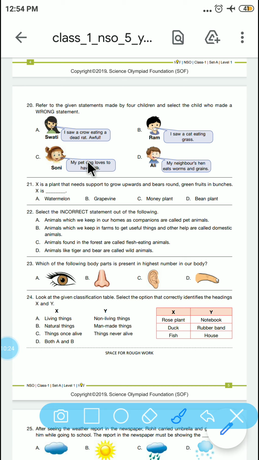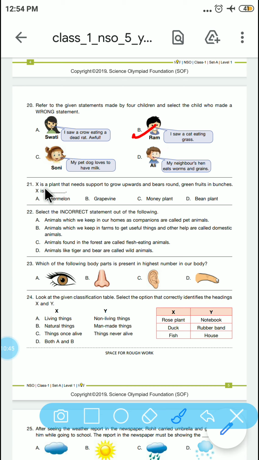I saw a crow eating a dead rat. Awful. I saw a cat eating grass. So the incorrect one is clearly shown by Ram. Here Ram is saying the wrong thing, a cat does not eat grass.